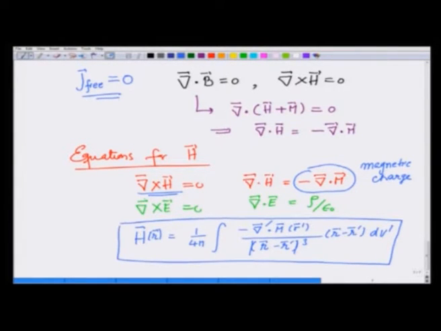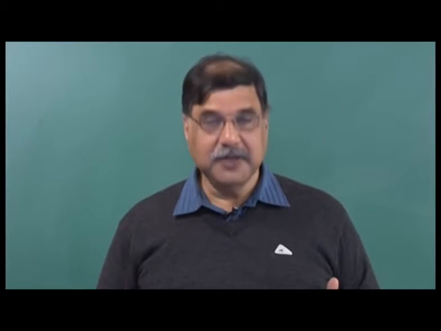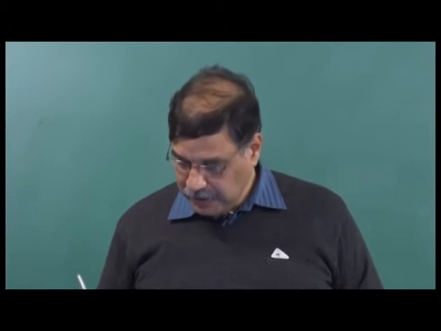And therefore, in situations where there is some sort of a symmetry, or I can calculate M and del dot M easily, it is very easy to calculate H. Let us take a few examples.